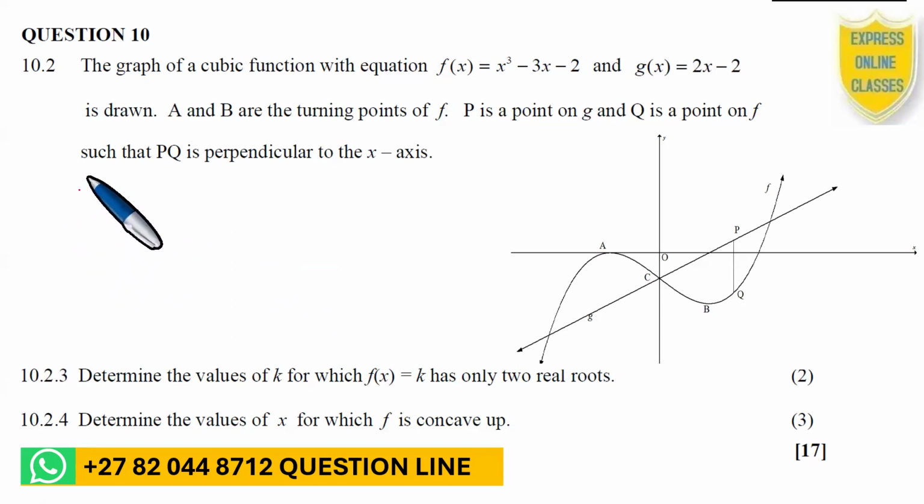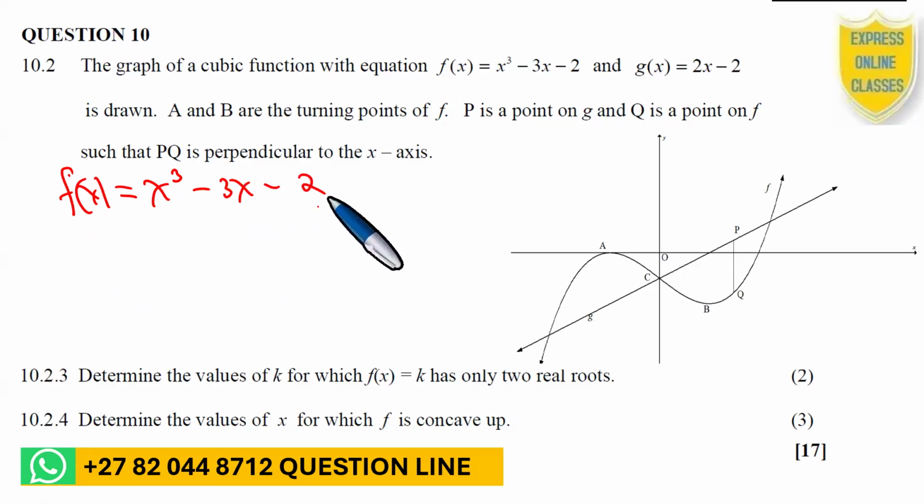We are learning here. So we note that f of x is x cubed minus 3x minus 2. That is the given function. And now it is equated to k, meaning we are looking at another graph. So we're looking at f of x equals this, but we're also looking at another graph, which is y equals k.